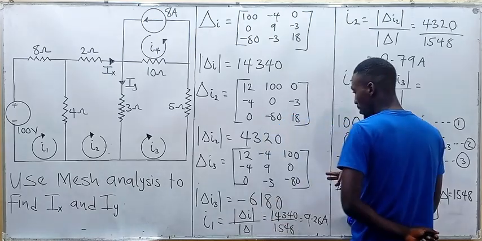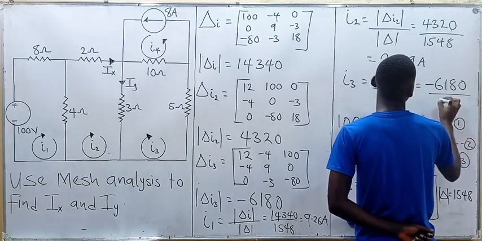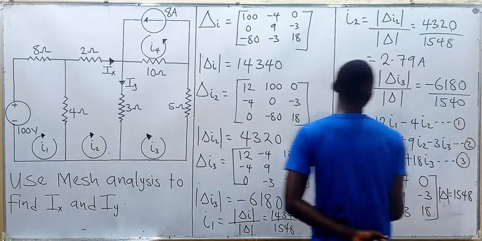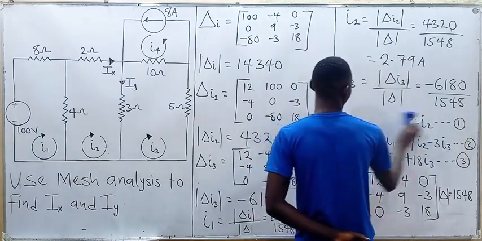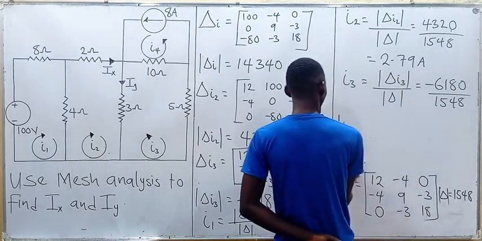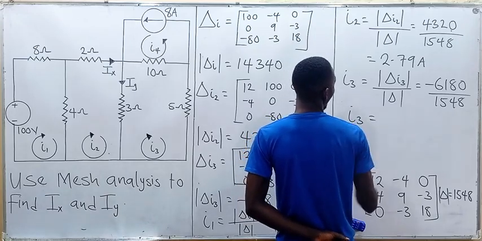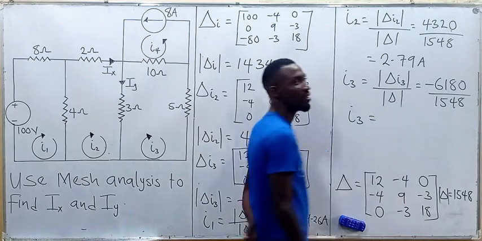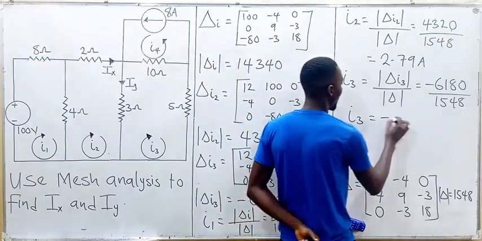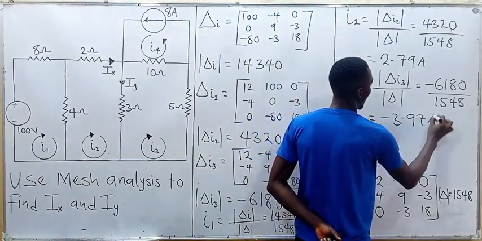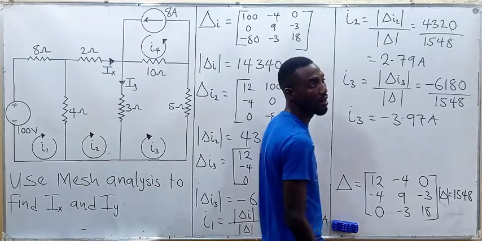So which is going to be minus 6,180 divided by 1,548. So if you divide this, you are going to have minus 3.97 ampere.